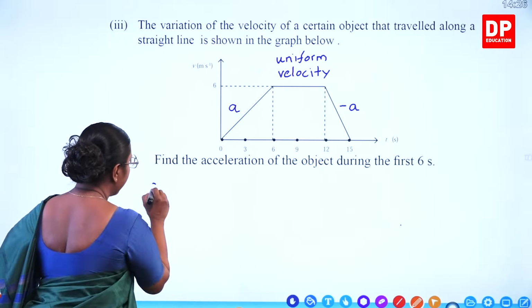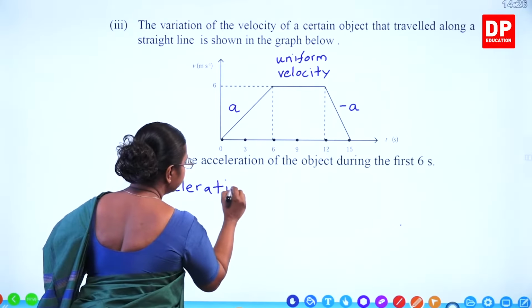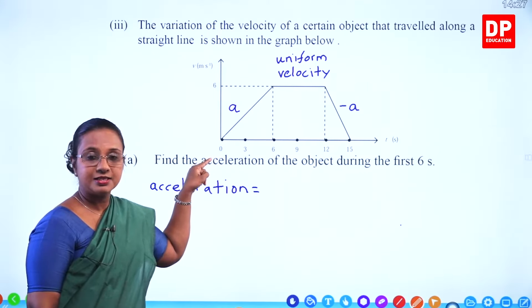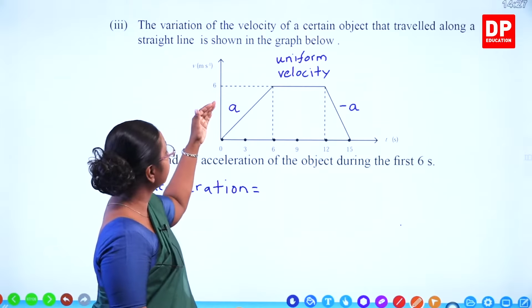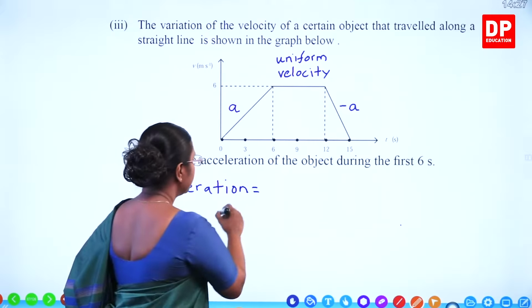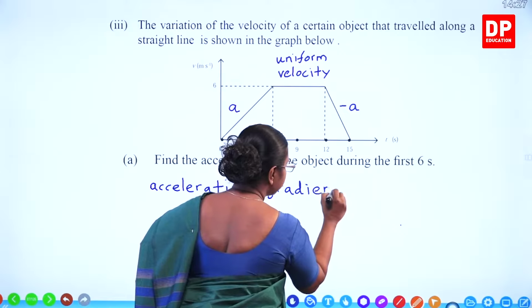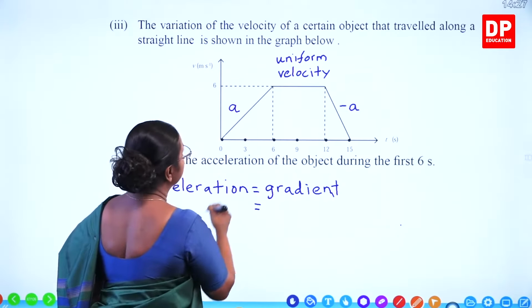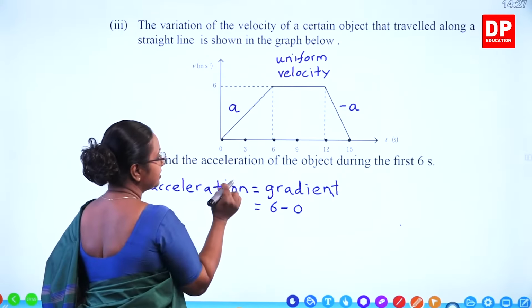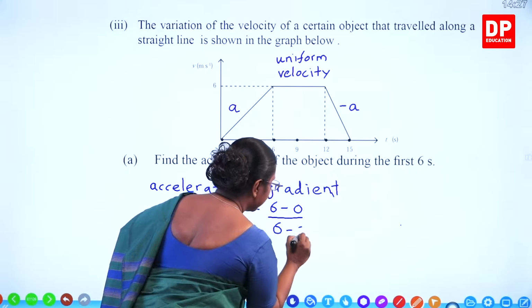So as you know, acceleration is, what is this? Y divided by x is the gradient. So acceleration is equal to the gradient of the velocity time graph. So we can write it as acceleration equals gradient, and that will be equal to 6 minus 0, the difference in y-axis, and 6 minus 0, the difference in x-axis.